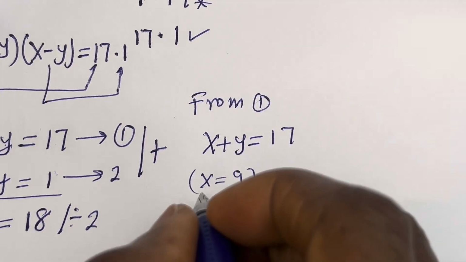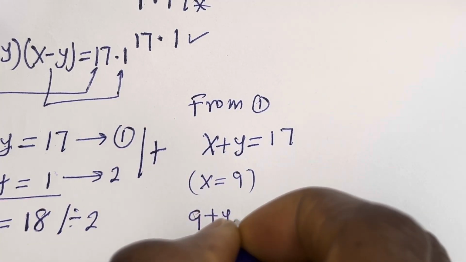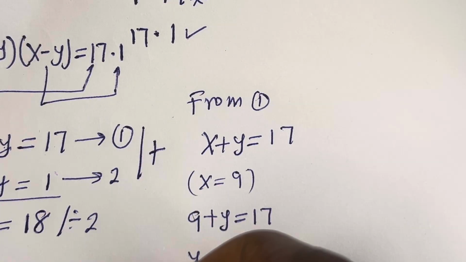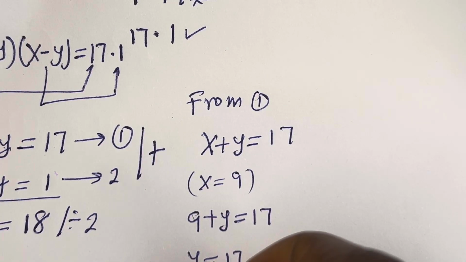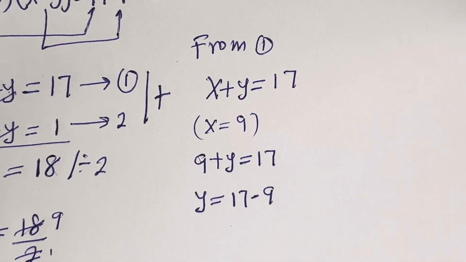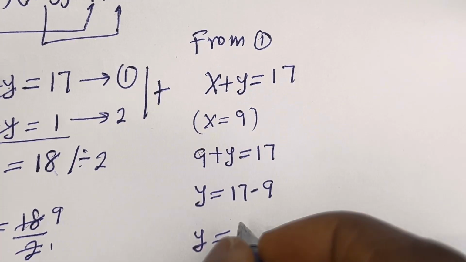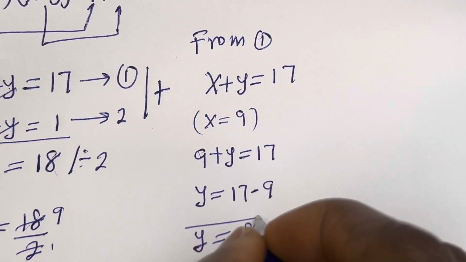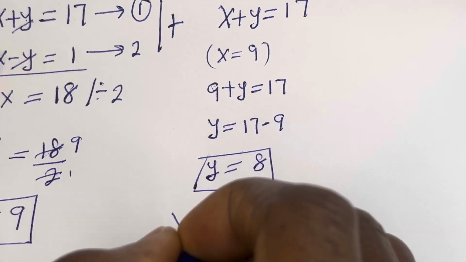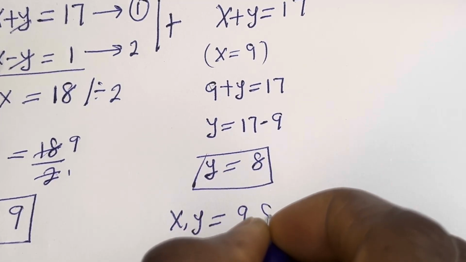Then we have 9 plus y is equal to 17. y is equal to 17 minus 9. y is equal to 8. This is the value of y. Therefore, our final answer is x, y is equal to 9, 8.